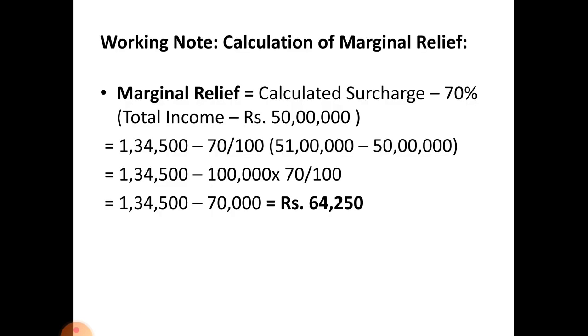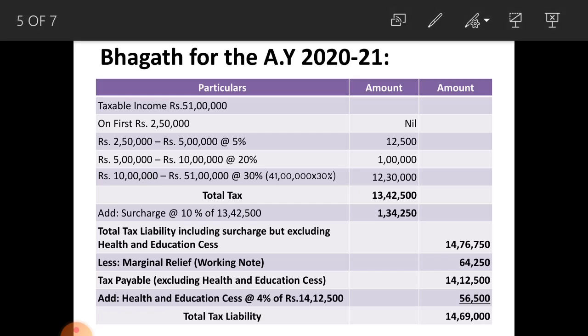On this amount 13,42,500 you have to calculate surcharge. Here his total income is 51 lakhs, which is above 50 lakhs and below 1 crore. That means surcharge is chargeable at 10% of the total tax payable.